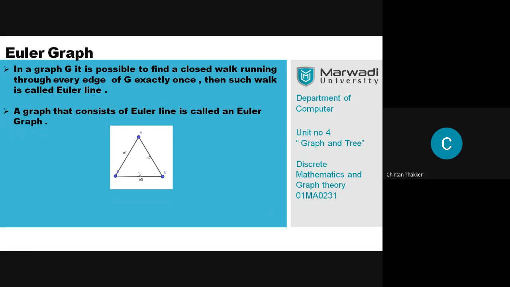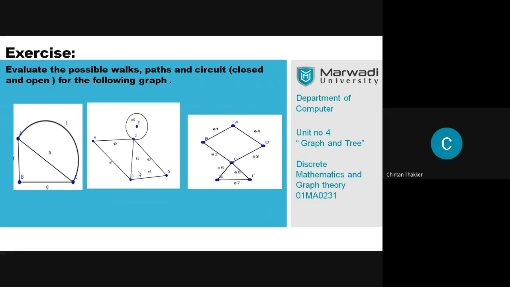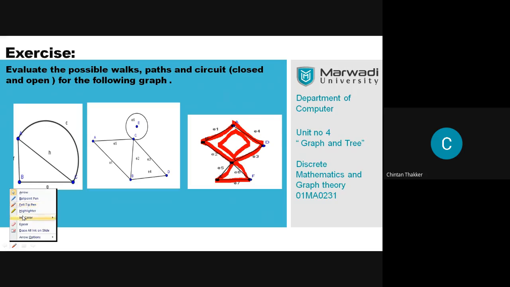Like in this graph, if we start with A, then A to B, B to C, C to A, we get this closed walk. So this graph is an Euler graph.